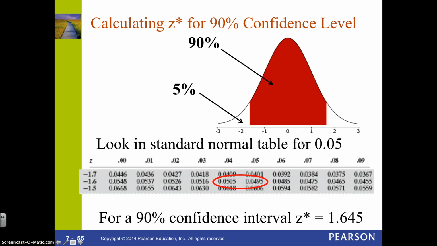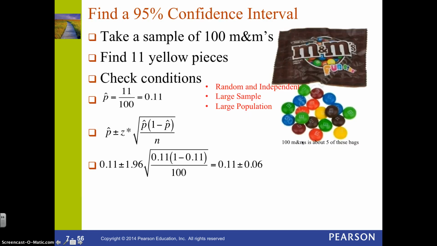Okay, so let's go back to my M&M example. This time I'm going to take a sample of 100 M&Ms, and when I count these, I find 11 yellow pieces. Now before I start doing this, we should check that the conditions work for the central limit theorem: that I select them randomly, they're independent.